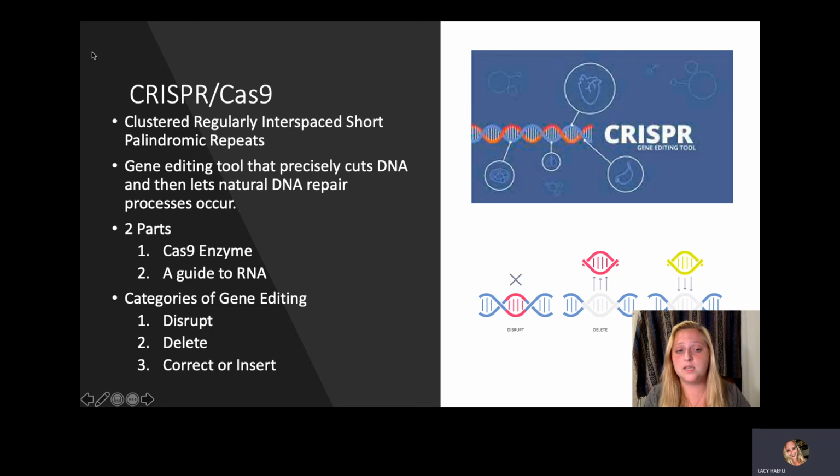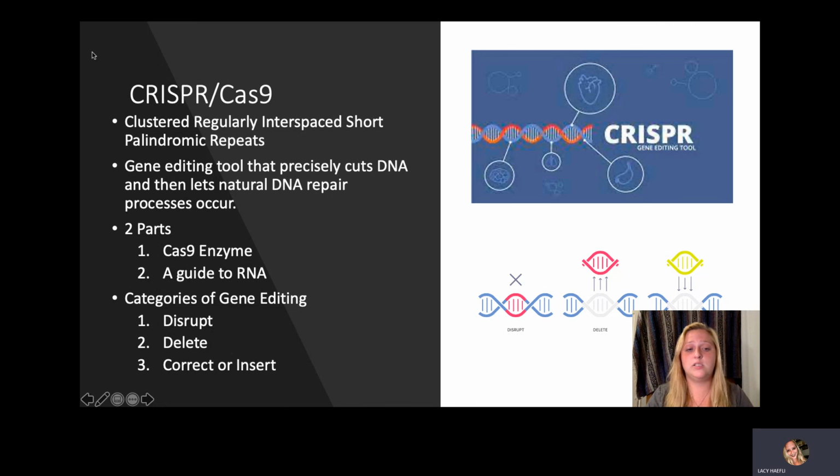There are two parts to this, the Cas9 enzyme and a guide RNA. The Cas9 enzyme acts as scissors to cut the DNA at a specific location, which has been identified by that guide RNA. That guide RNA binds to the Cas9 and identifies the base sequences, so then that Cas9 will cut the DNA.